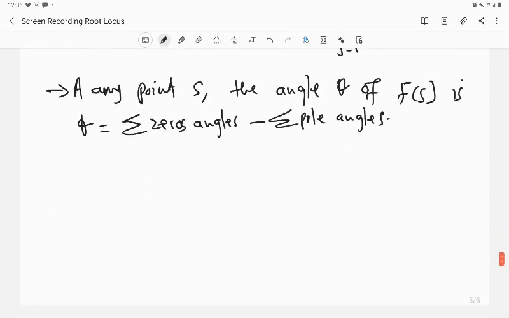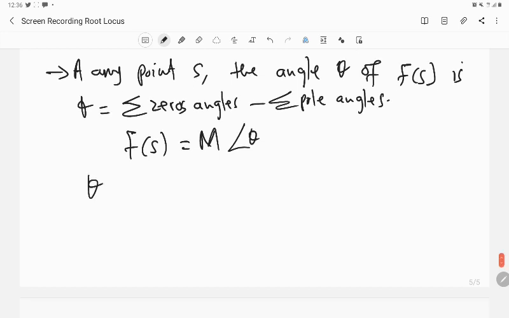That is going to give you the overall angle for the complex number, and then you can express your f of s as magnitude at angle theta.